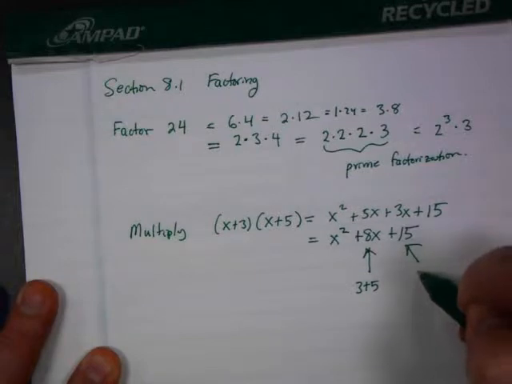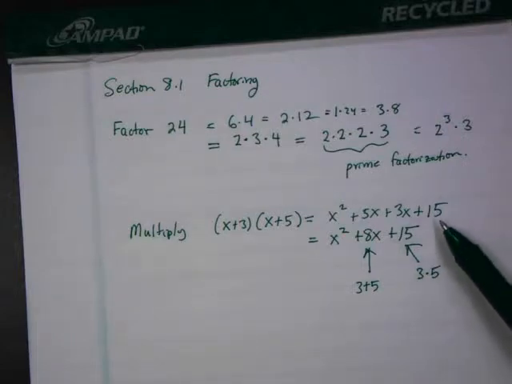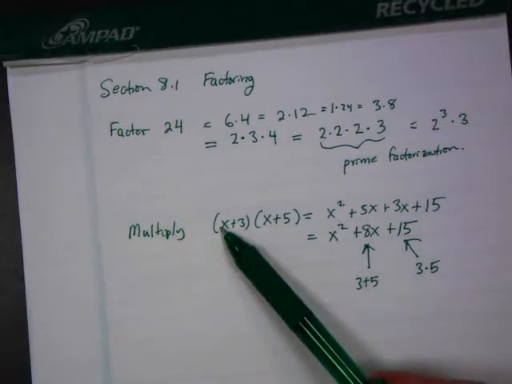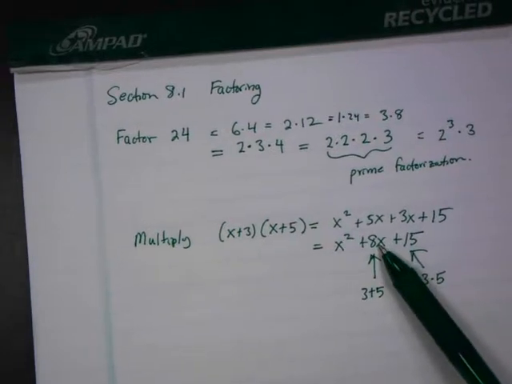And this number 15 turned out to be 3 times 5. That's exactly correct. Is that just a happy coincidence? No, why not? That's what we did. How do you get the number on the end? Well, the number on the end always comes from multiplying these two numbers. And then how did we get the 8? We multiplied on the outside, we multiplied on the inside, and then we added. That's how we got the 8.